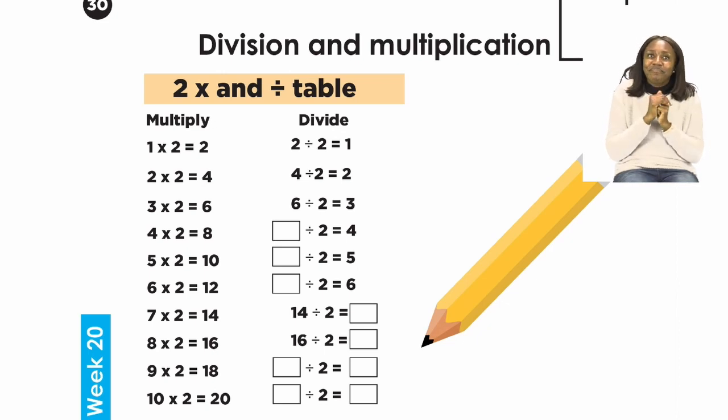So we have been given the first 3. 1 times 2 equals 2. And then 2 divided by 2 equals 1. We're going to do only 3 together so that we can see whether our answers will be correct. And then from there, it's up to you to finish the exercise.